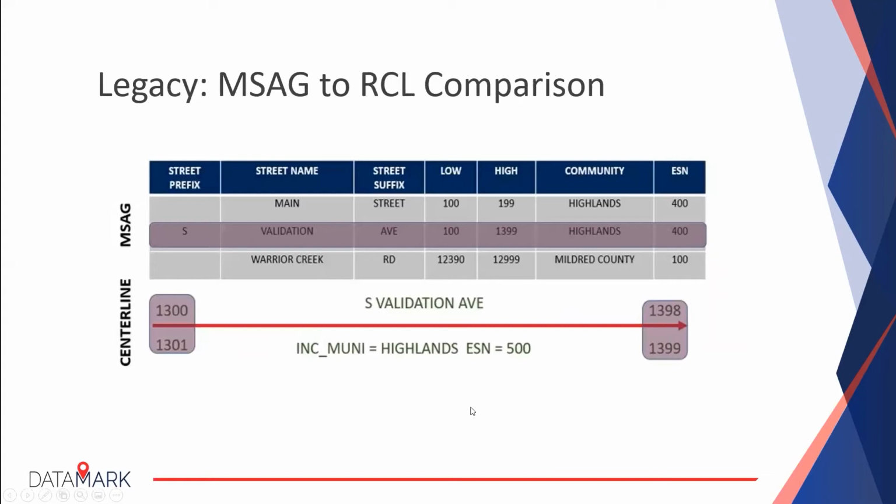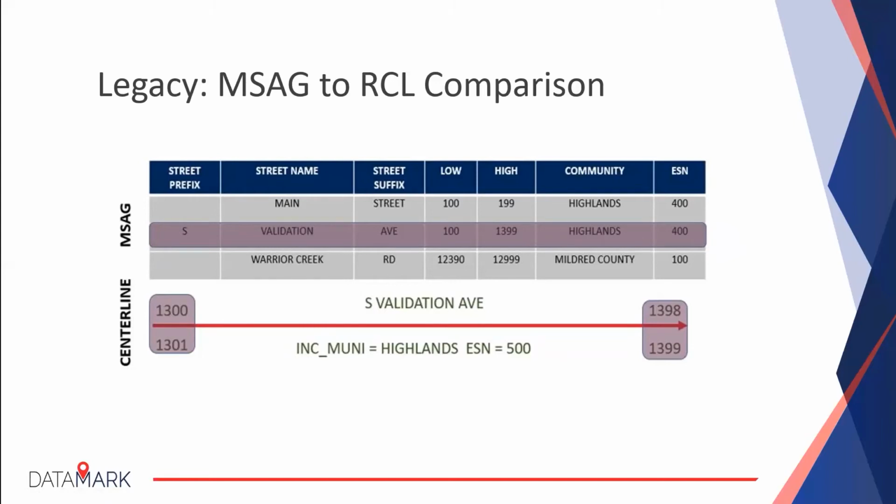Now, probably the biggest reason that you're going to want to continue with legacy components is that we have to be able to run some validation checks between our legacy environment, how is 911 supporting us today, and making sure that our GIS is going to be able to support 911 tomorrow. And one of the ways we do that is what's called an MSAG to road centerline comparison.